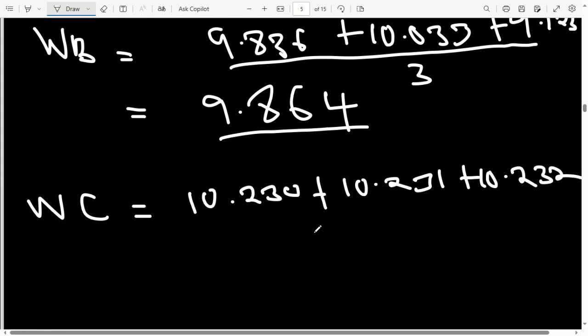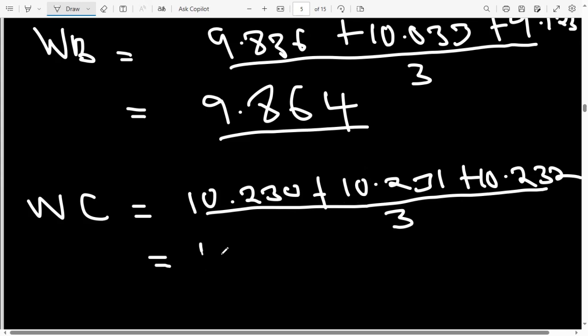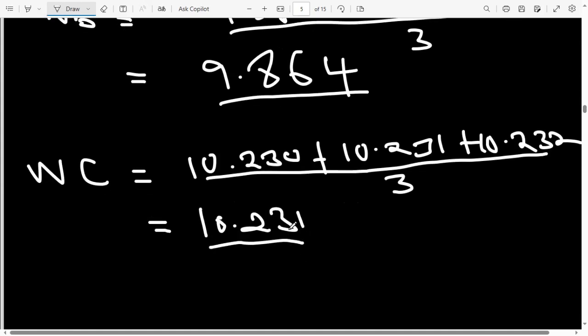Then we divide all of this by 3. Punching this into my calculator, 10.230 plus 10.231 plus 10.232 divided by 3, I'm getting 10.231 as my average for worker C.